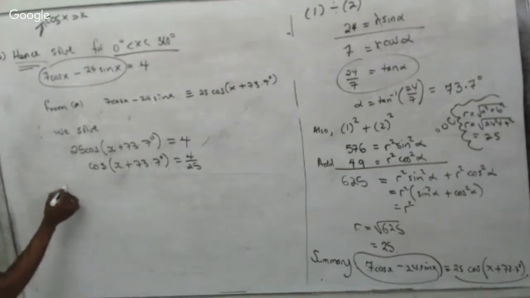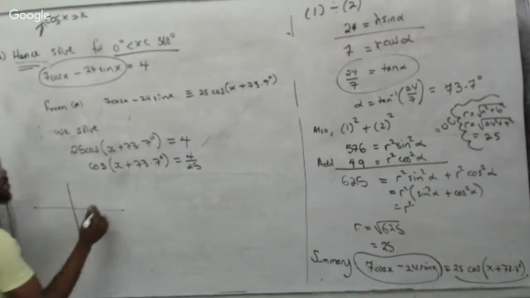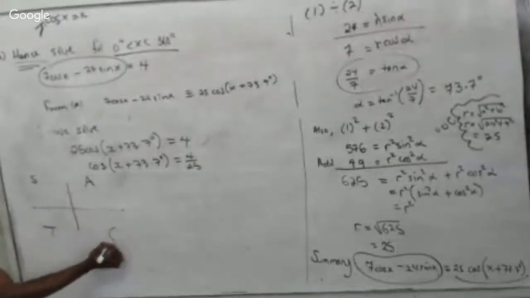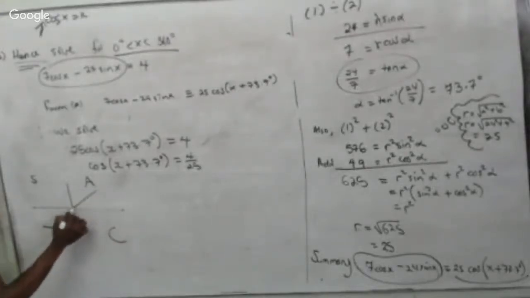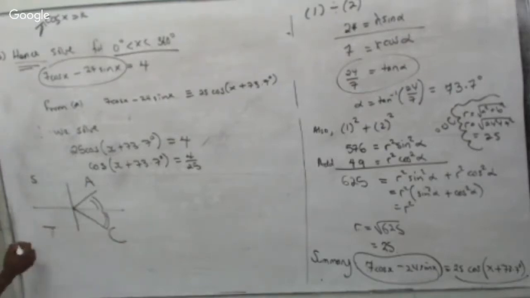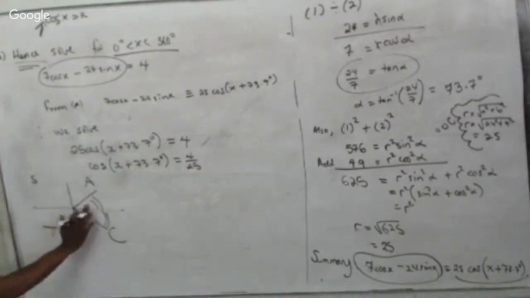Now I've stuck with my quadrant system. Quadrant on the wall, where is cosine positive? CAST. Know that cosine is positive in the first and fourth quadrant. But now I need to know what alpha is. What is my alpha here? Know that alpha is not that alpha, right?